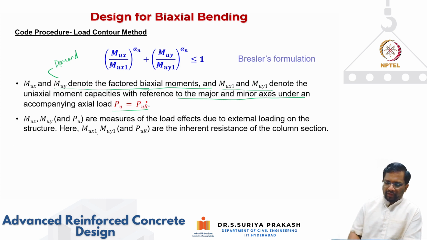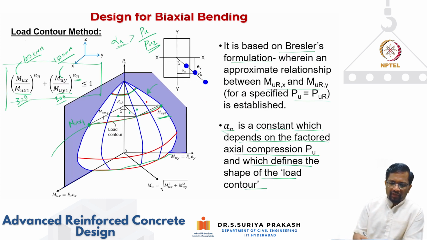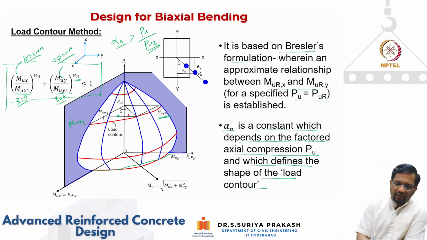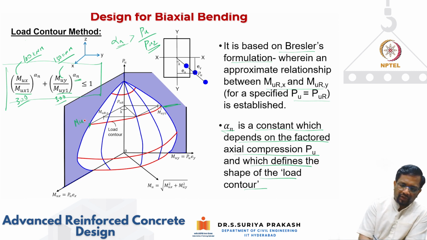If you go back, let me erase this. If I take this level of axial compression, this is your MUX1, and this is your MUY1. If I take this level, this is going to be your MUY1, and this is your MUX1. So you see now the values are changing.